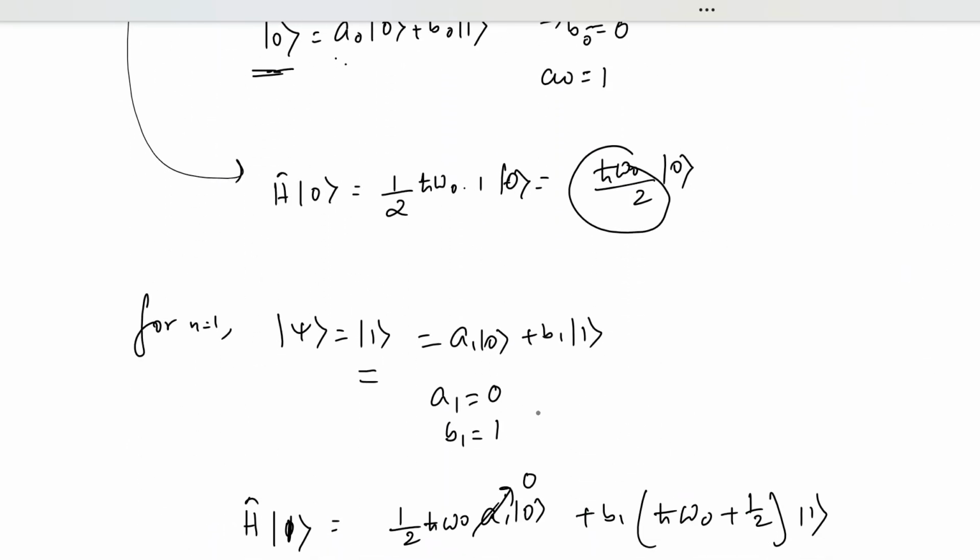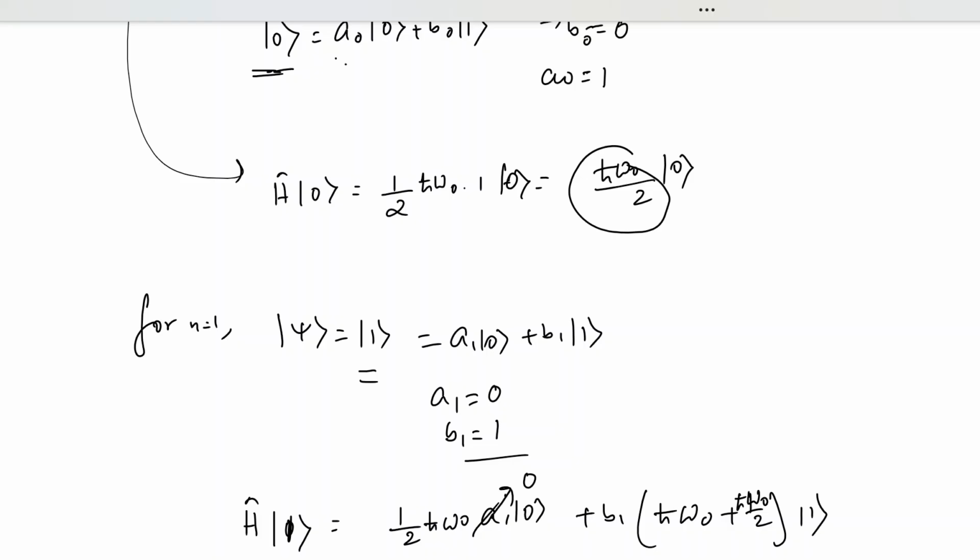So this is basically b_1 times 3 by 2 ħω₀ |1⟩, and you saw b_1 is 1, so this is just Ĥ|1⟩ equal to 3 by 2 ħω₀ |1⟩.